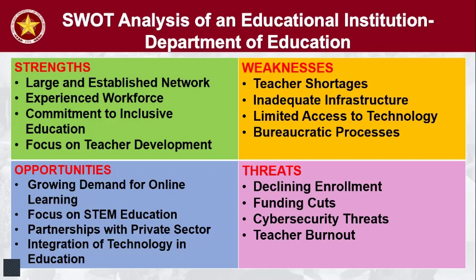DepEd's bureaucratic processes can sometimes hinder the efficient implementation of programs, projects, and activity initiatives, leading to delays because there are a lot of steps to follow, or a lot of governance levels to satisfy first before coming up with an approval of a certain activity. So it could cause a potential delay.